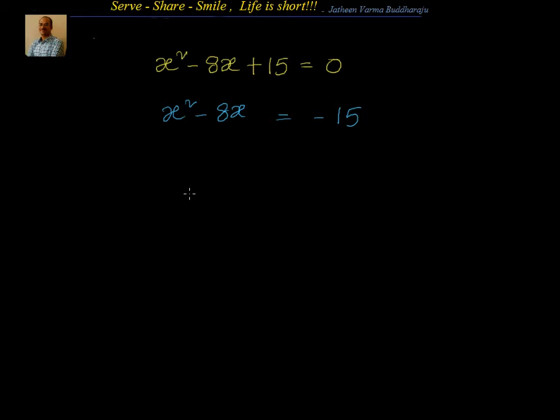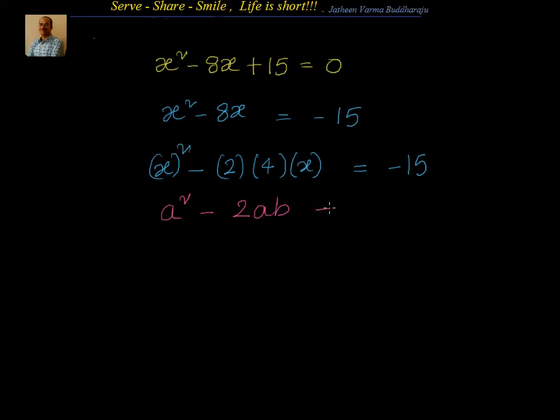Now if you observe the left hand side, we have x whole square minus 2 into 4 into x is equal to minus 15. Now what is this actually? If you see here, we are having a part of a minus b whole square. We have a square minus 2ab, but b square is missing.